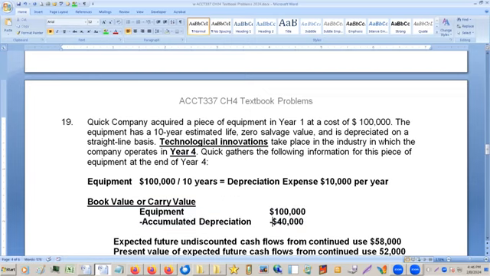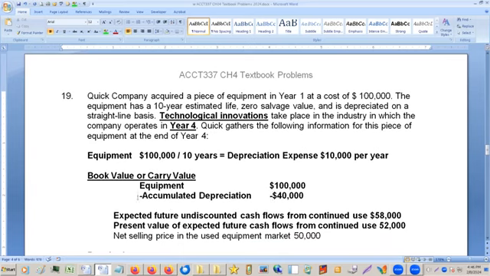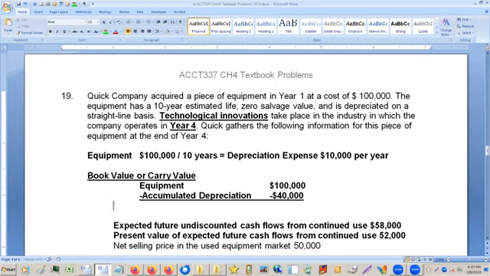There should be a minus there. Okay. So minus the accumulated depreciation. So the book value or the carry value, I'll probably say carry value, is 60,000.